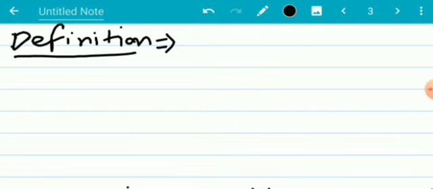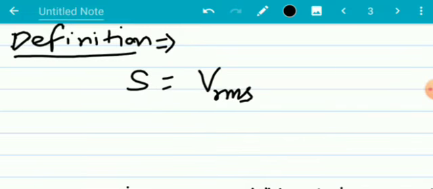The next topic in the series is the definition: how we define complex power. Complex power is defined as the multiplication of the voltage phasor's RMS value with the complex conjugate of the current phasor's RMS value.